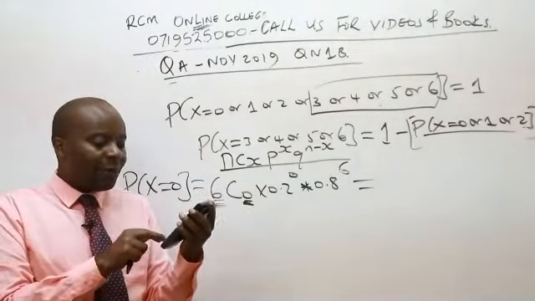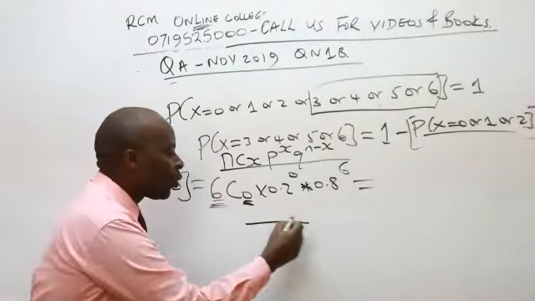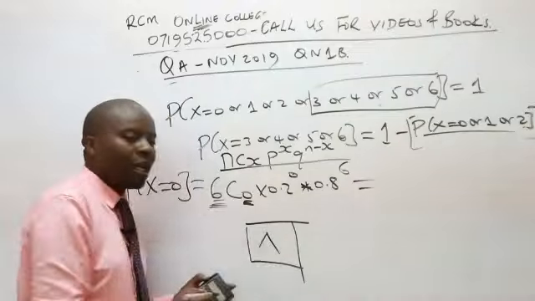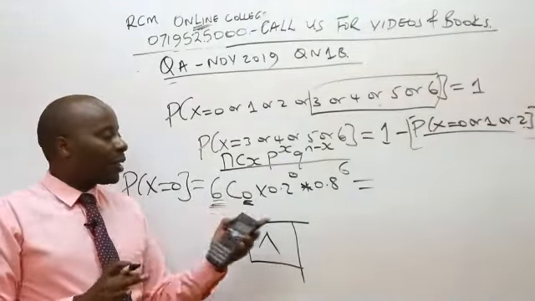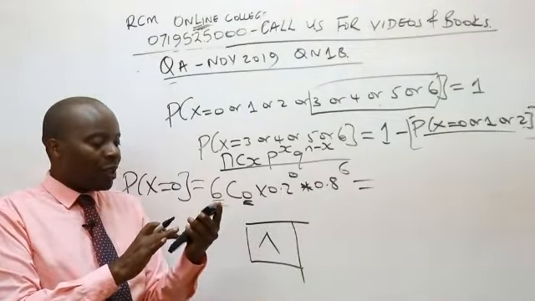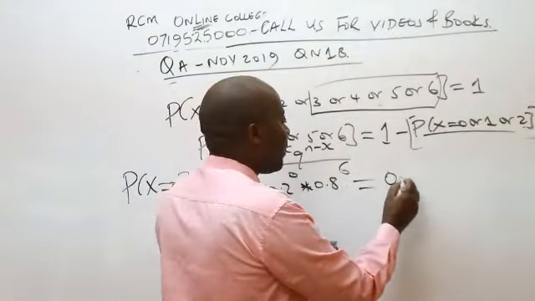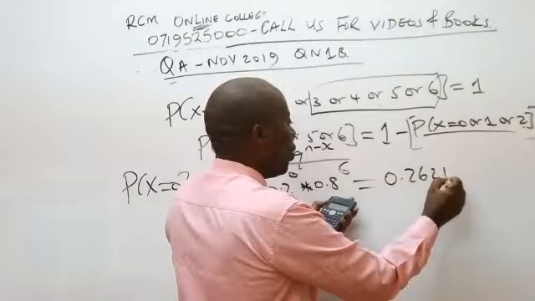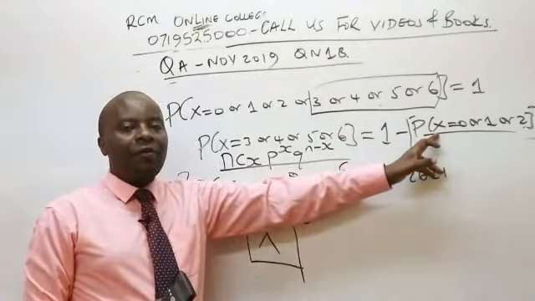And then times 0.2 raised to 0. Then times again 0.8 raised to power 6. So what figure am I getting here? I'm getting 0.2621. So this is the probability of the first event.